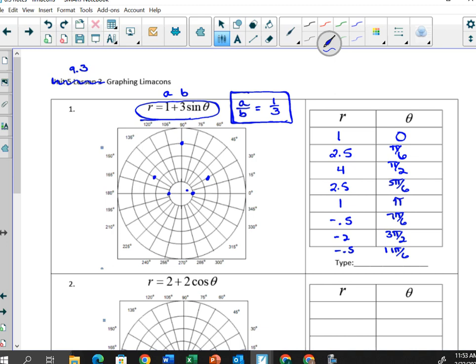Do you see it? You start over here. You start at negative 1/2, and then you travel 7 pi over 6. That's right. Okay. Negative 2, 3 pi over 2. Where does that end up? Yes, to the 90 degrees.